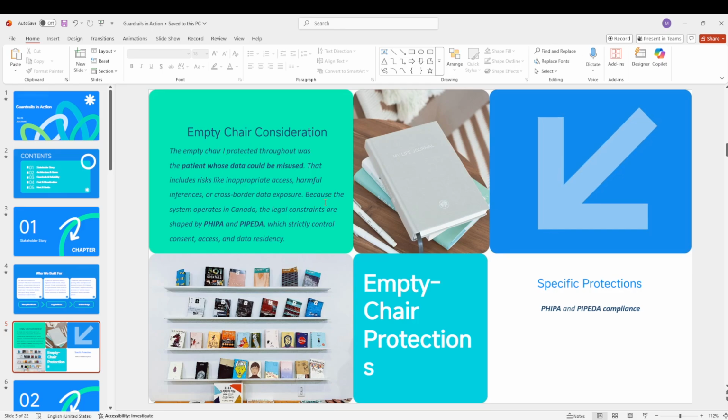Because the system operates in Canada, the legal constraints are shaped by PHIPA and PIPEDA, which strictly control consent, access, and data residency. So we are protecting these patients by following the strict guidelines provided by the law.